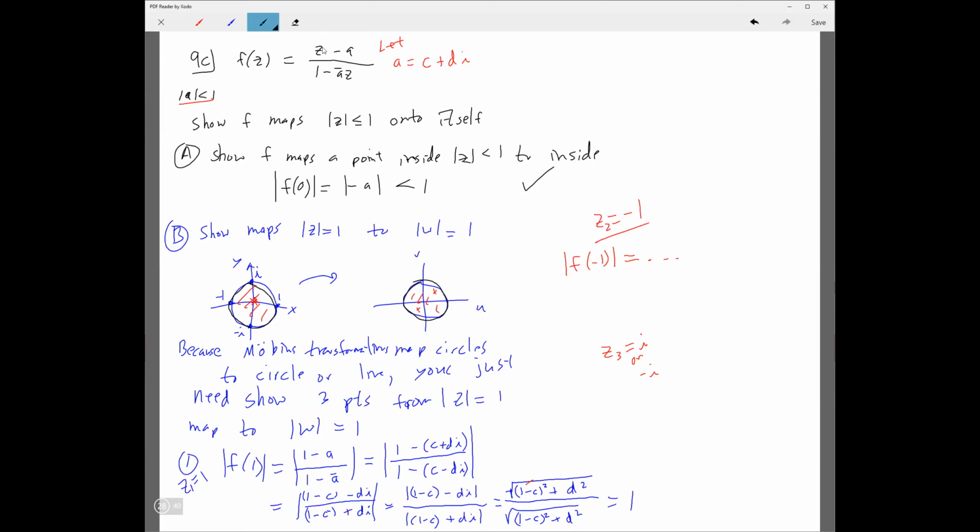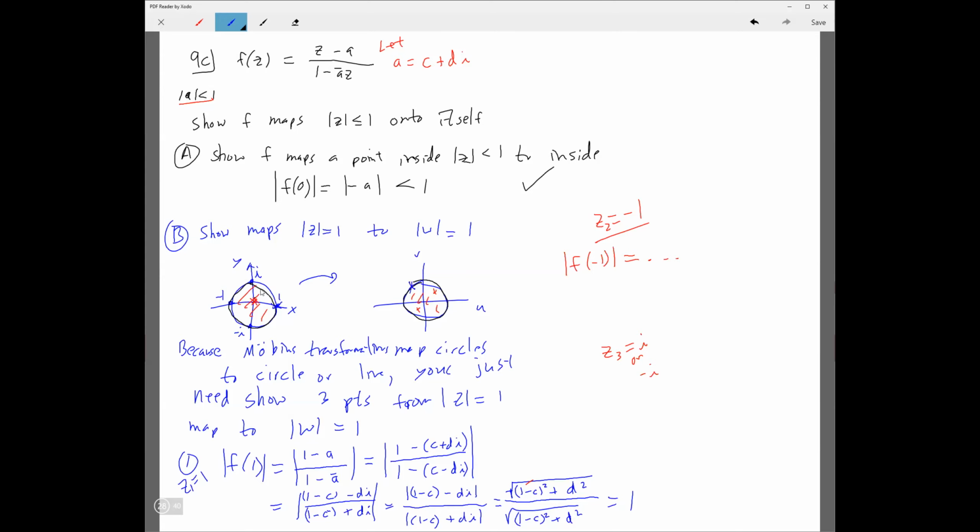But with this particular Mobius transformation, this circle is going to map to itself. Now the points are going to get rearranged along the circle. So f of 1 is going to be 1 minus a over 1 minus a bar. But that point is still going to be on the circle because its modulus is 1. So this point right here might map to maybe that point there.